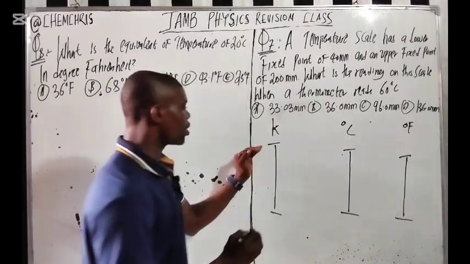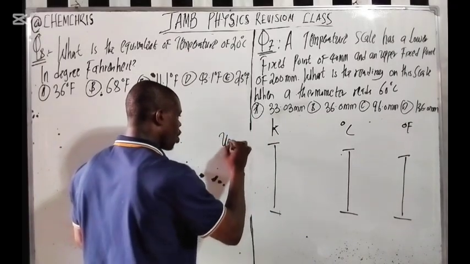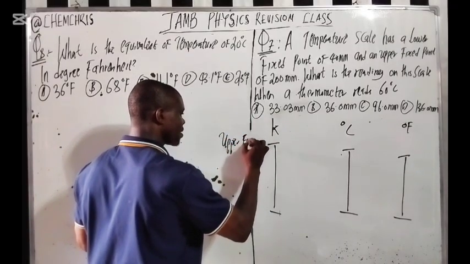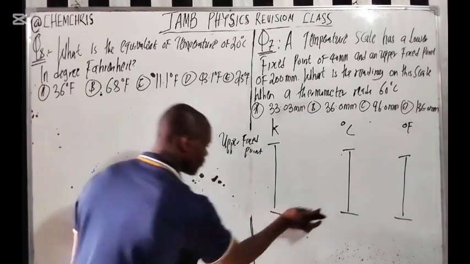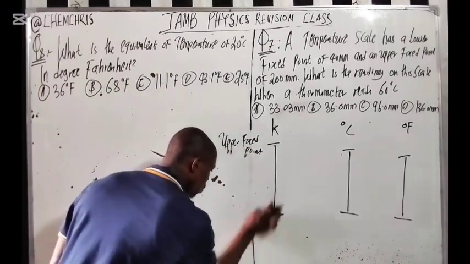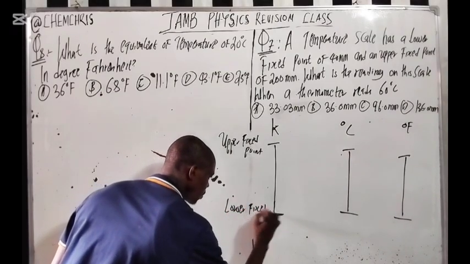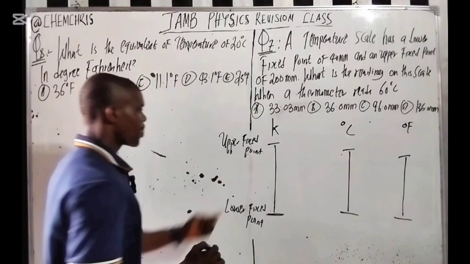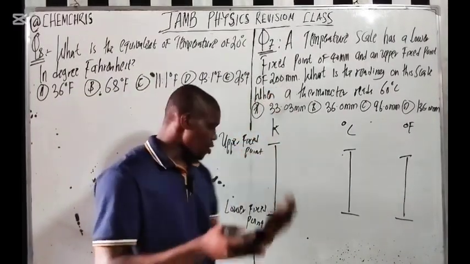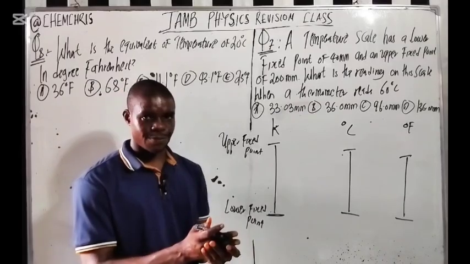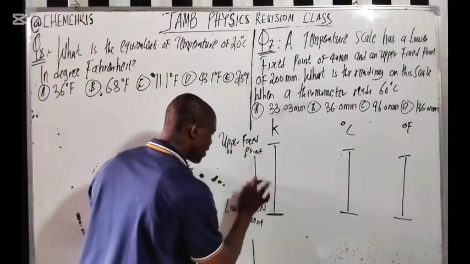Here we have the upper fixed point, and here we have the lower fixed point. The upper fixed point is also known as the steam point, while the lower fixed point is known as the ice point. In between the upper fixed point and the lower fixed point, we have what is called the fundamental interval.